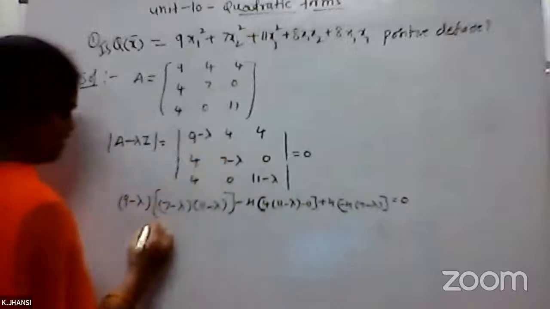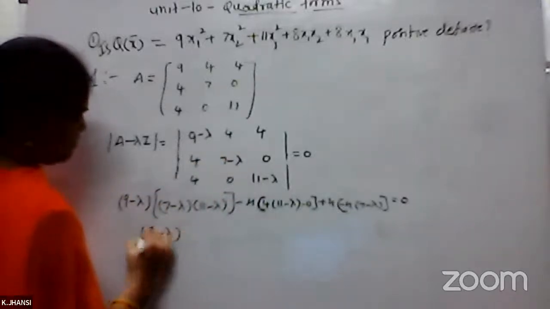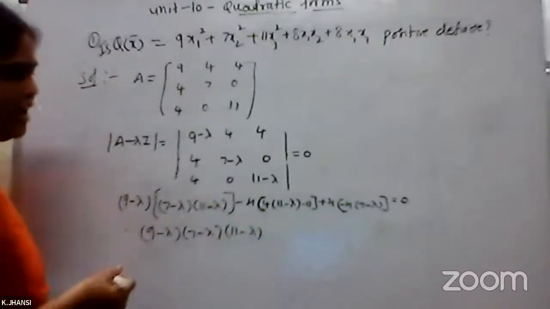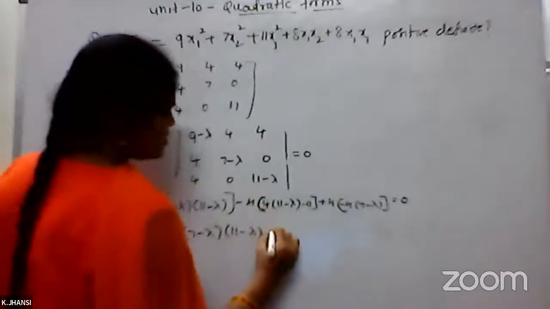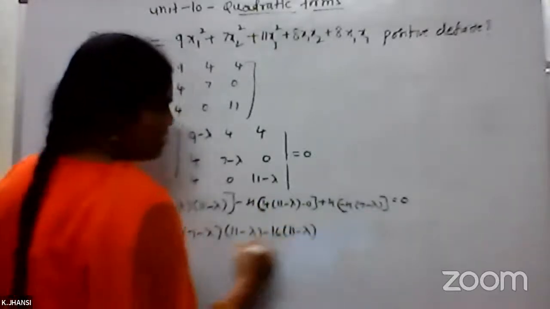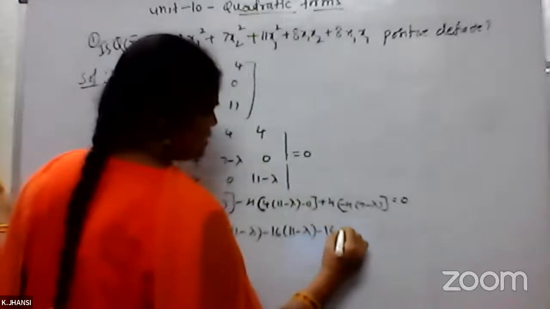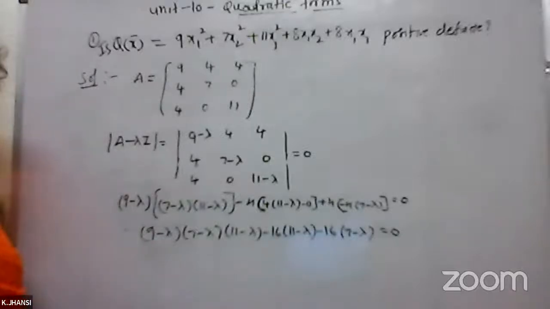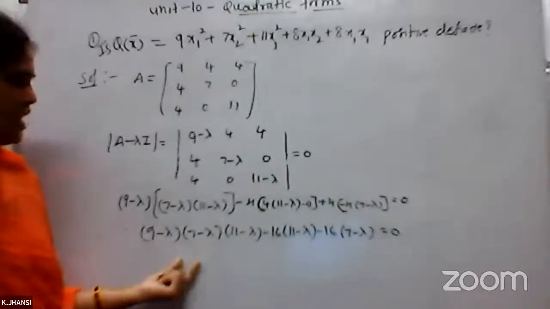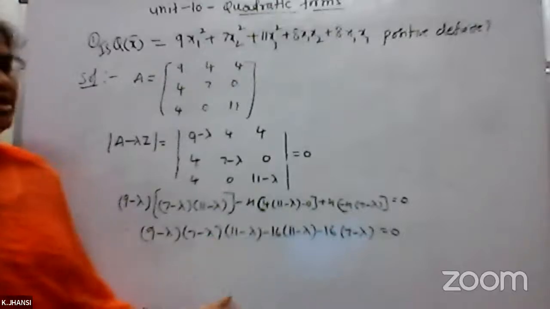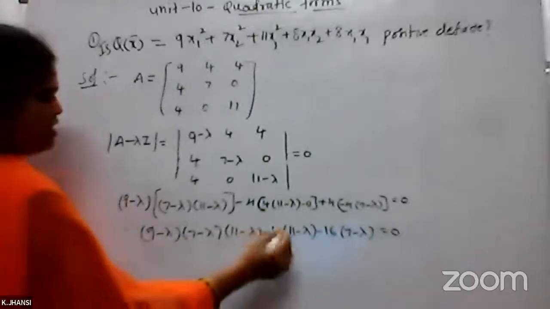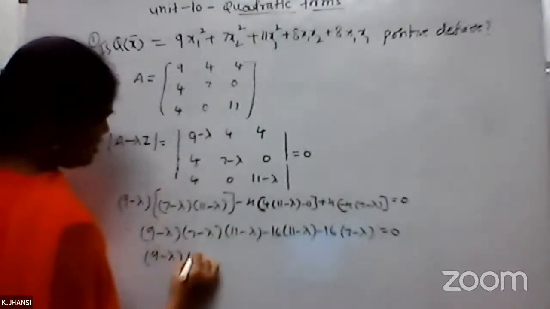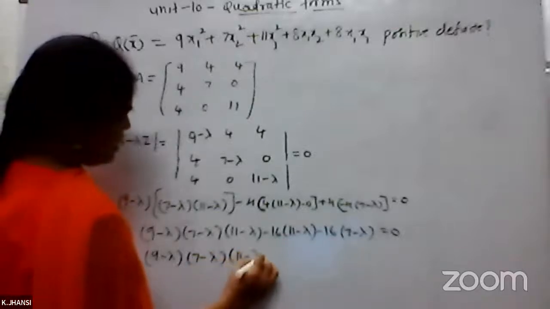Now when you simplify this, it is 9 minus lambda, 7 minus lambda, 11 minus lambda.